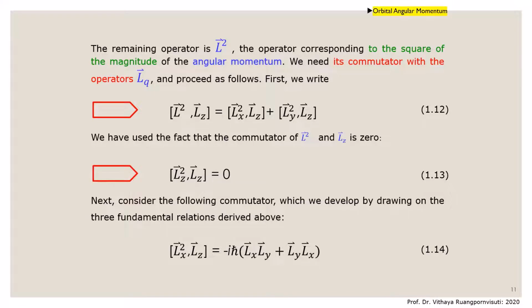Next, consider the following commutator, which we develop by drawing on the three fundamental relations derived above. Therefore, Lx squared commutes with Lz equal to minus i h bar times the term LxLy plus LyLx in equation 1.14.